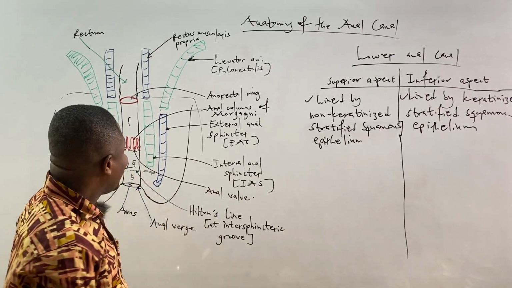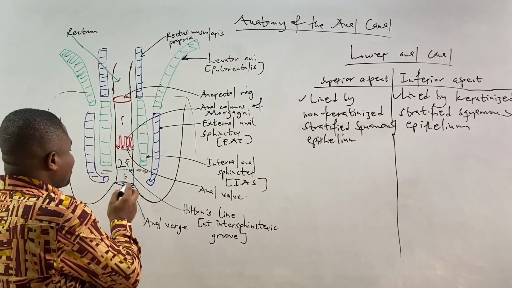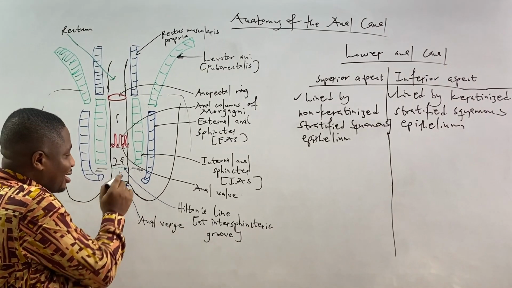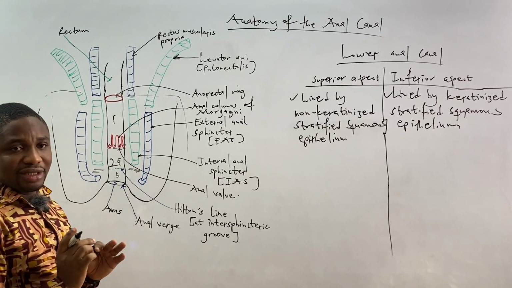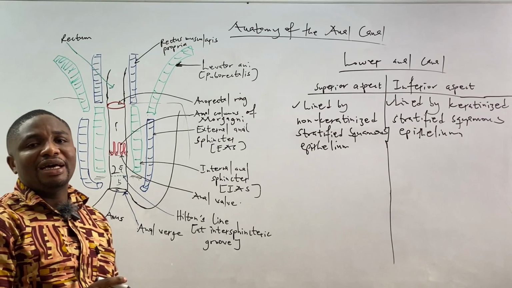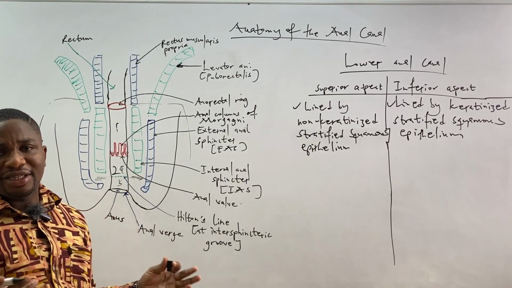Let's move on. You should know that if you come to the inferior aspect of the lower anal canal, you will notice that it transits into the perianal skin, the anal skin.